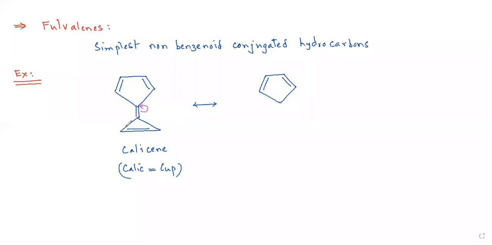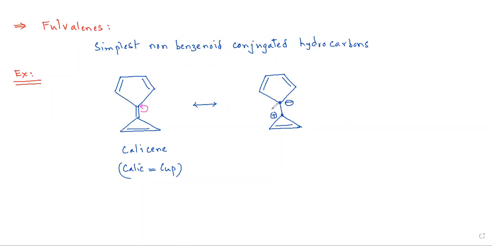If it is taken this way, then we get a negative charge on this and a positive charge here on this carbon, right?